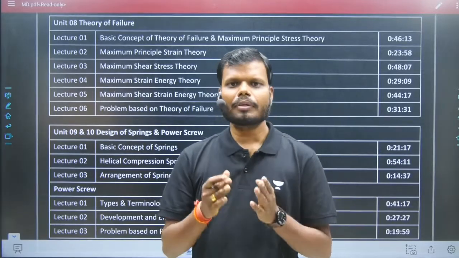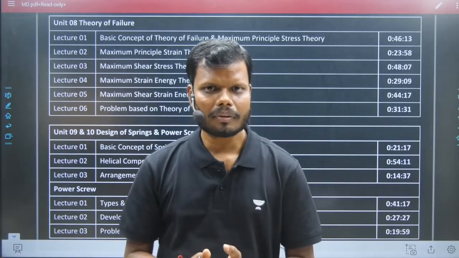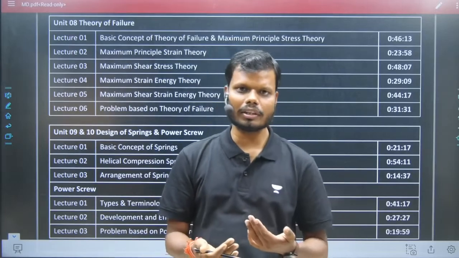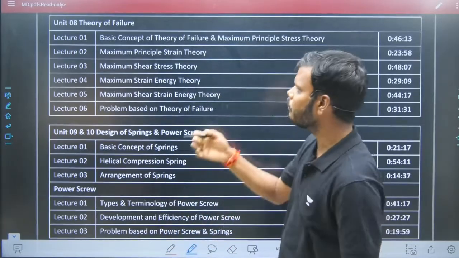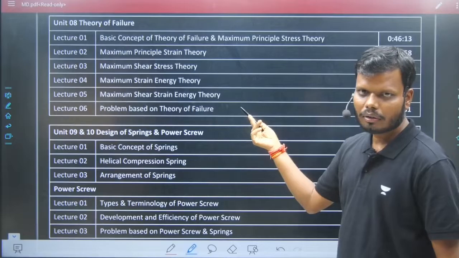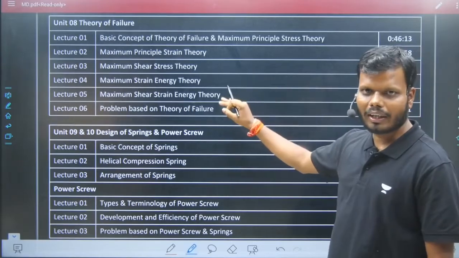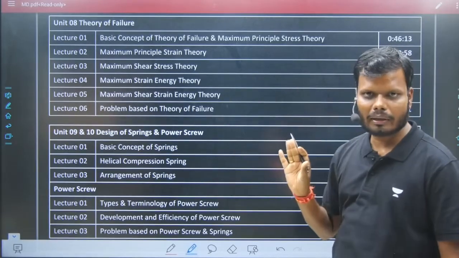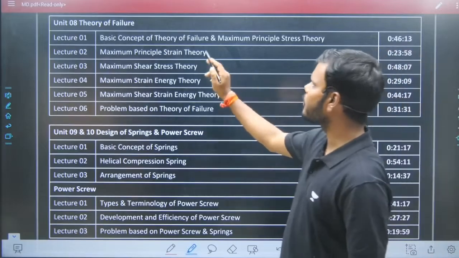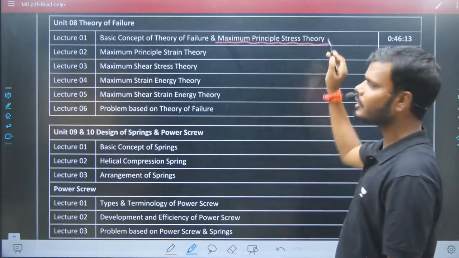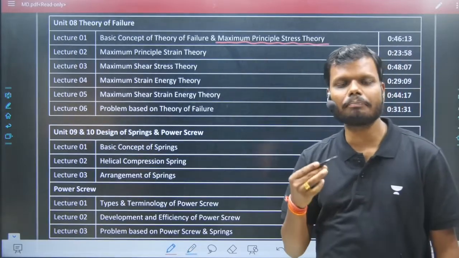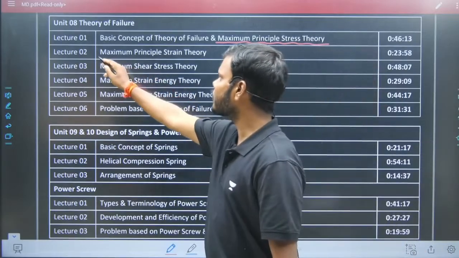First one is maximum principal stress theory. Second one is maximum principal strain theory.